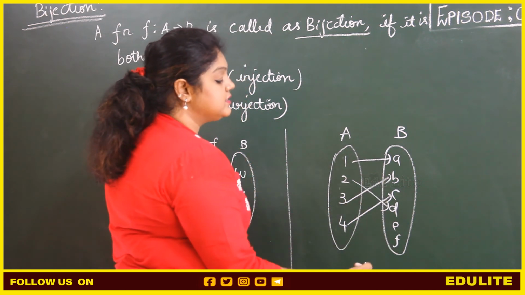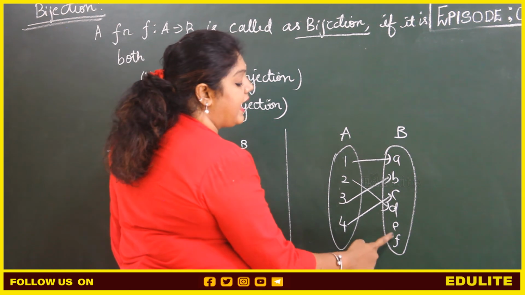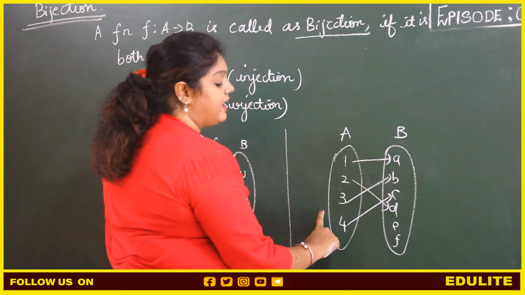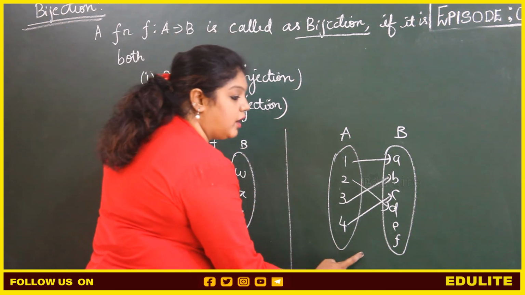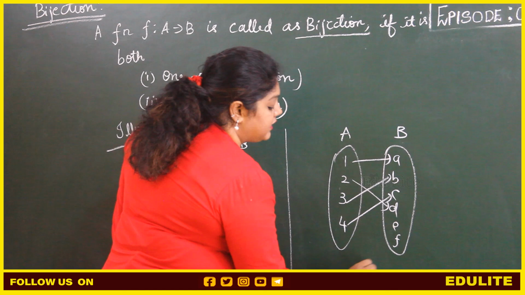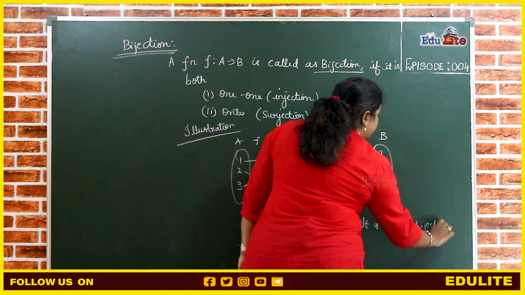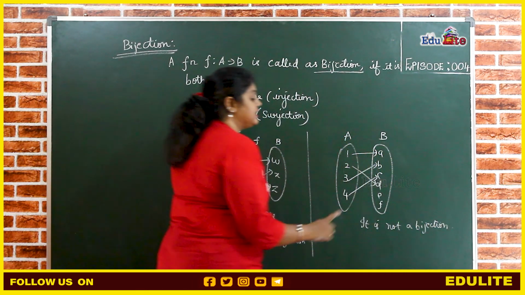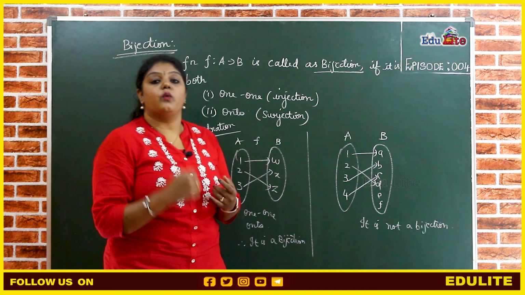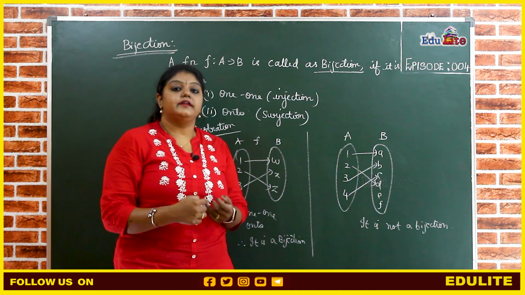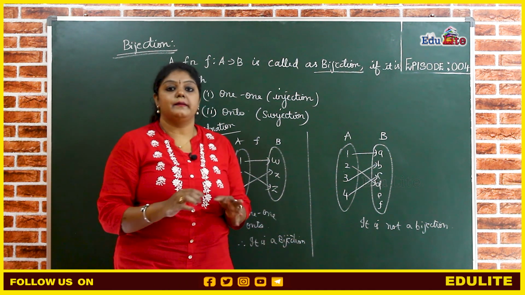Why do I say it is not onto? E and F in B don't have a pre-image. Therefore, this is not an onto function. It is not a bijection as well. It should satisfy both one-to-one and onto. If it doesn't satisfy either one-to-one or onto, then it is not a bijection.